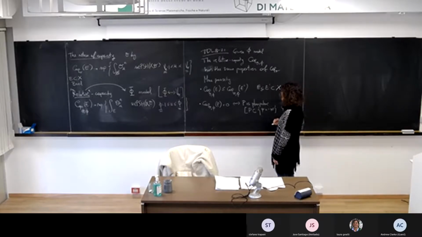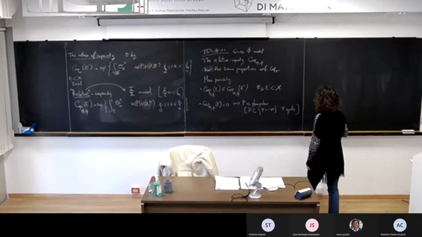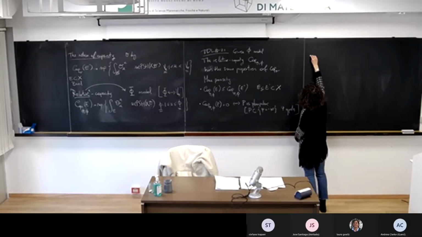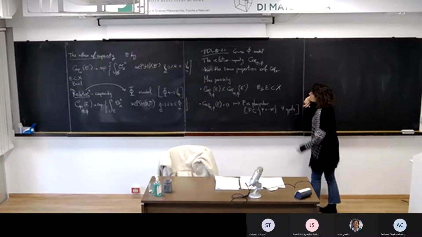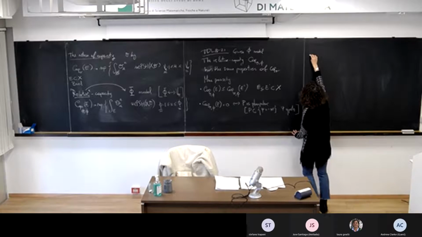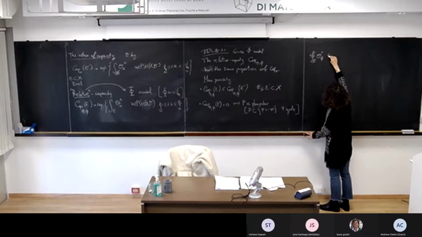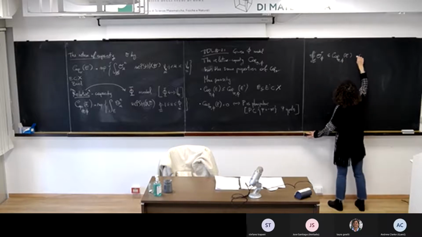Okay, and what else? Maybe this one, so we can compare: there is a comparison of capacity. The integral over E of theta_phi to the power n is less or equal than the capacity cap_theta,phi of E, for n equal n.